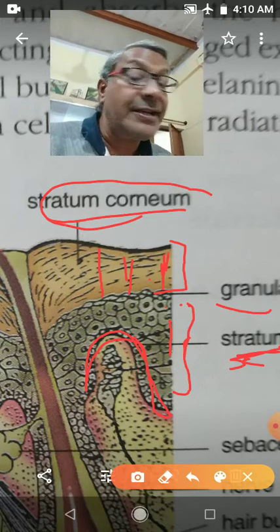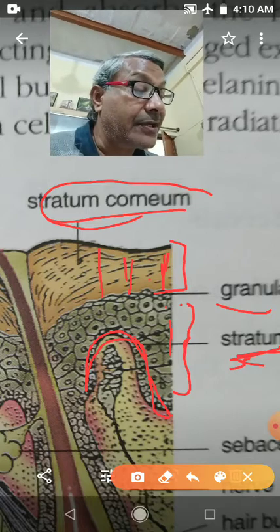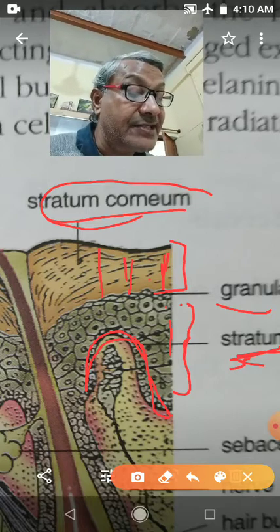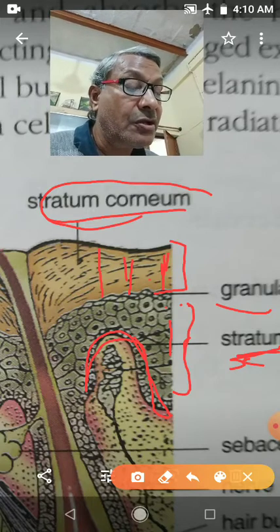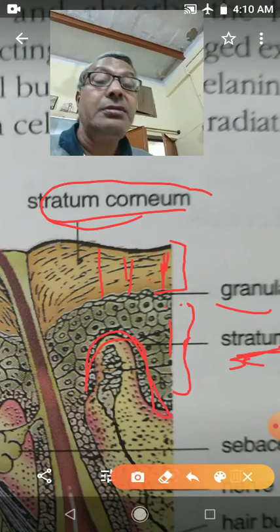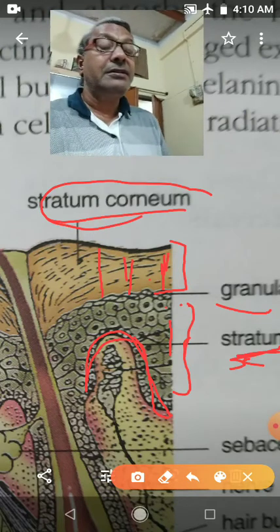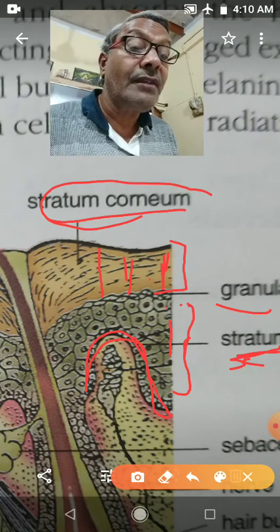If more melanin pigment is present, skin is dark in color. If less melanin pigment is present, then skin is whitish or fair. So melanin pigment determines the color of the skin.